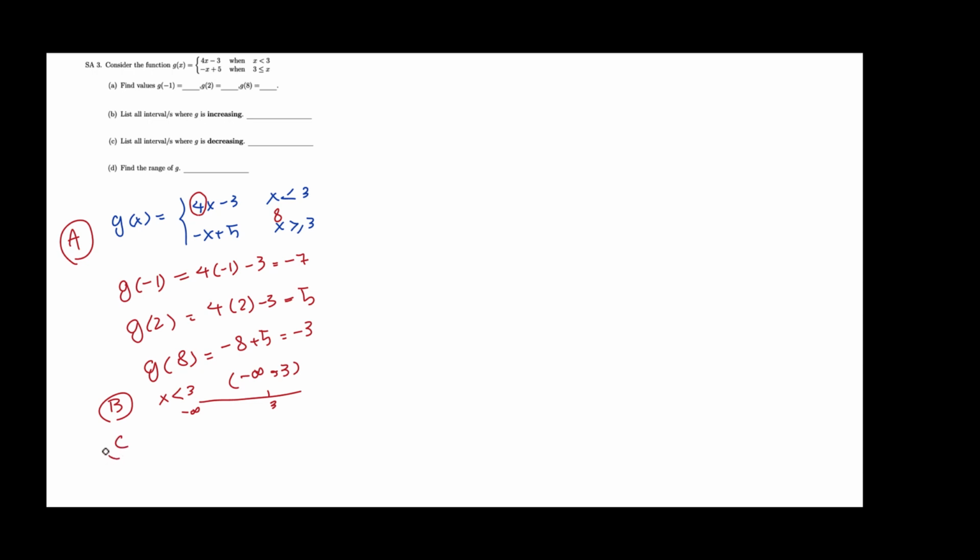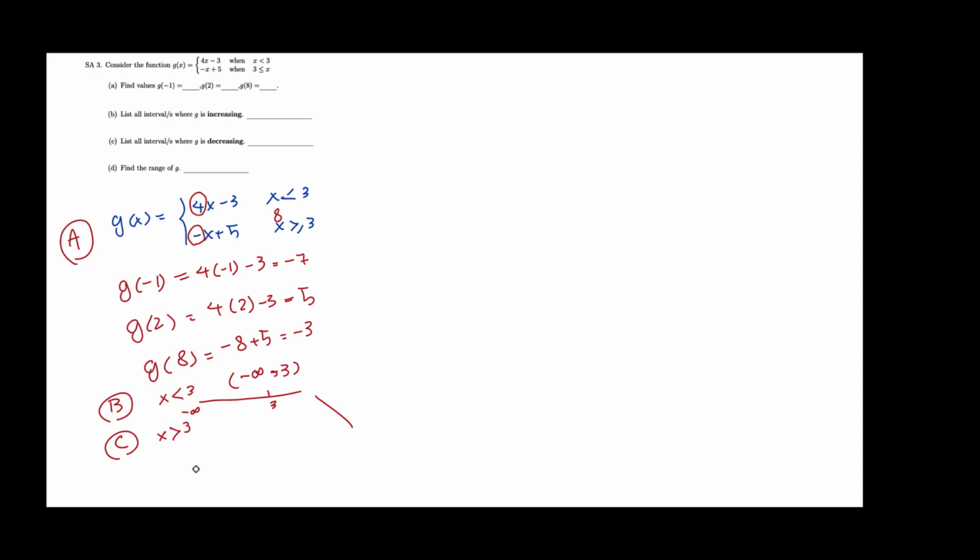For part C, it's asking on what interval g is decreasing. I can tell that the second one has a negative slope. Negative slope means decreasing. Negative slope means the rate of change is negative, same discussion as before. And you never include the endpoints for increasing and decreasing.